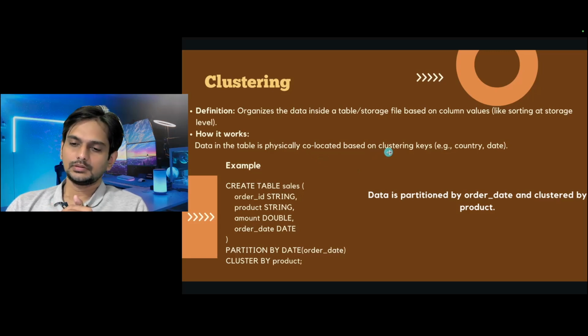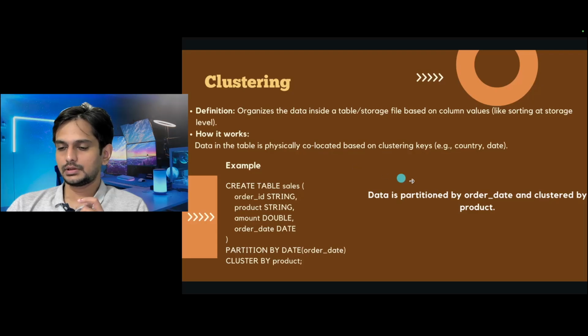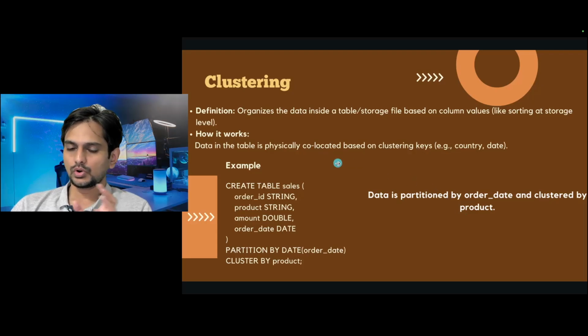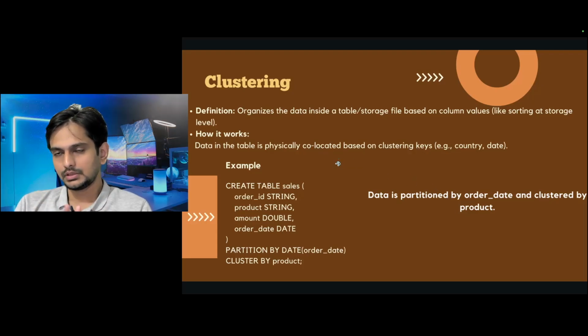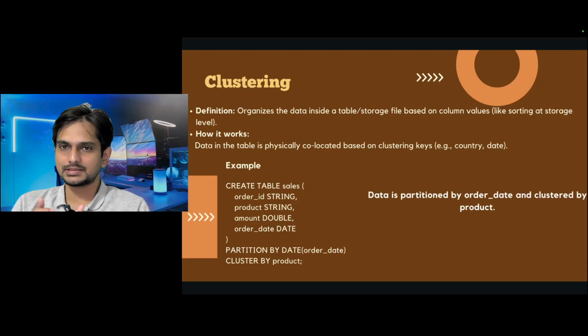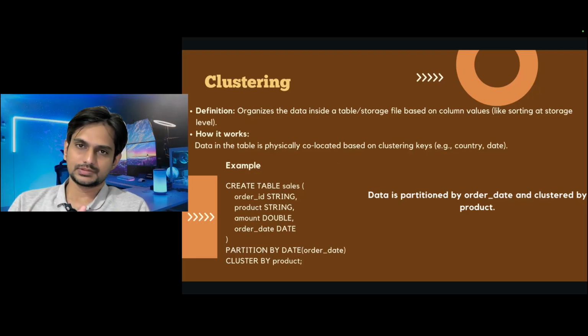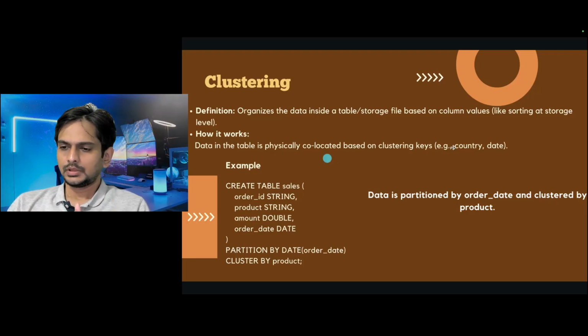That means in storage they are kept closer to each other. So when the data scan is happening, the engine can quickly skip the irrelevant blocks of data and scan only what is required. So that's about clustering.